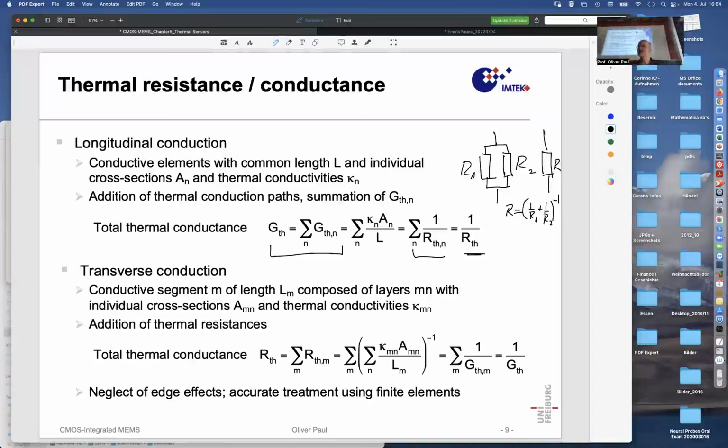Then you have to do this inversion. It's like capacitors and resistors. Capacitors in series also need to be handled by this formula. So in mechanical engineering, similar formulas exist. And so that's easy. Now in transverse conduction, it's more difficult.